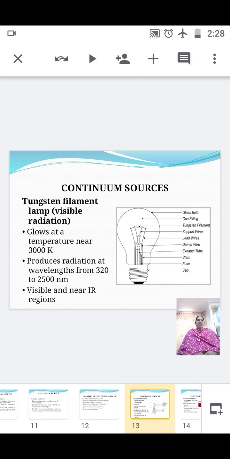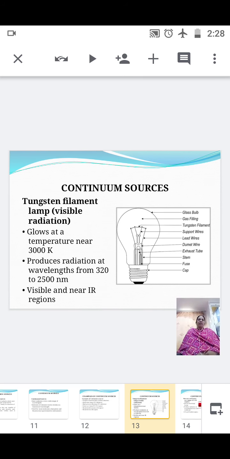That is why tungsten halogen lamps have become very famous when compared to tungsten filament lamps. Simple tungsten filament lamps have the tungsten wire and inert gas filled inside the bulb.